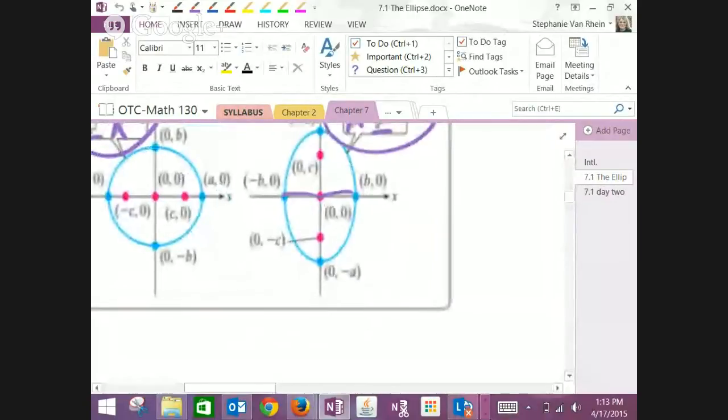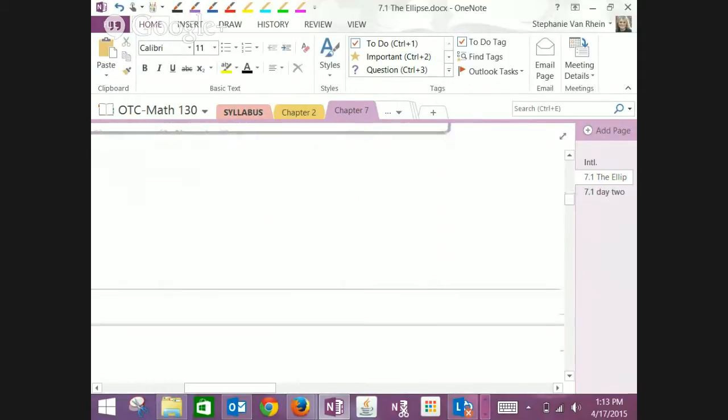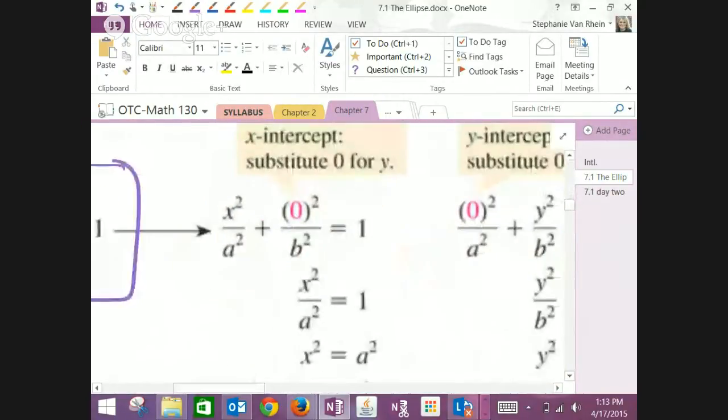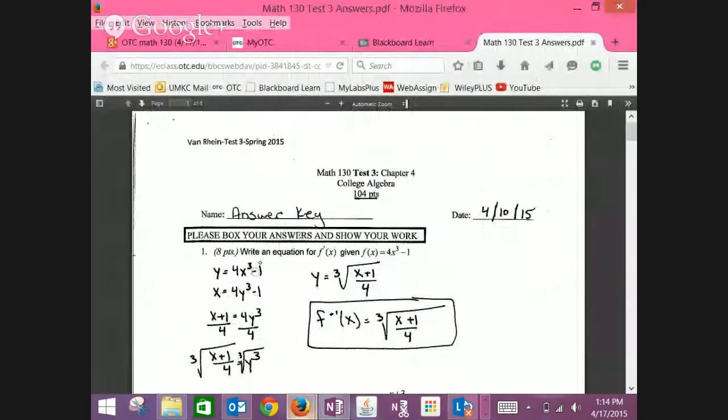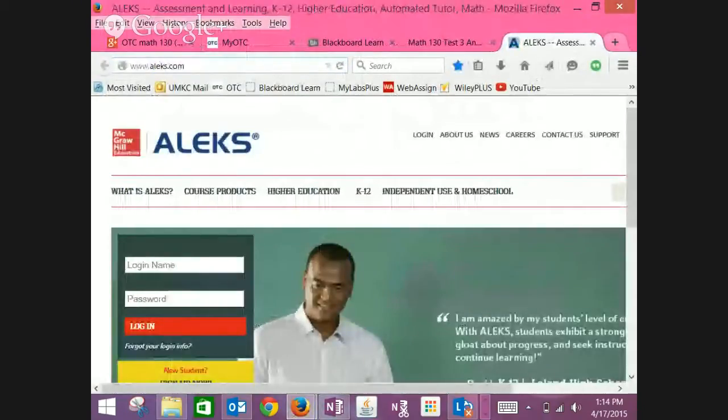And then corresponding the distance from the center to the major axis and the center to the minor axis, and then the focus points. And it doesn't matter if our center is at 0, 0, or if our center is shifted to any h, k. So we did some examples of that. And I want to pull up Alex and work through some of the Alex problems.